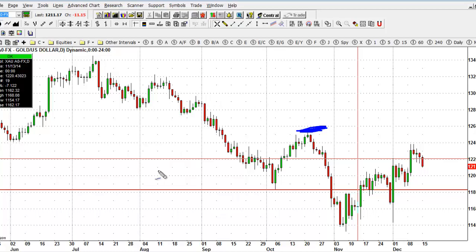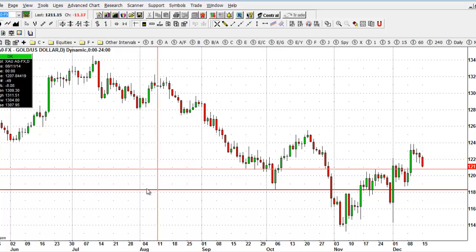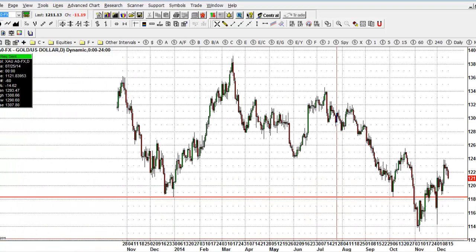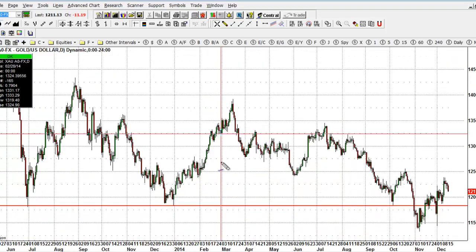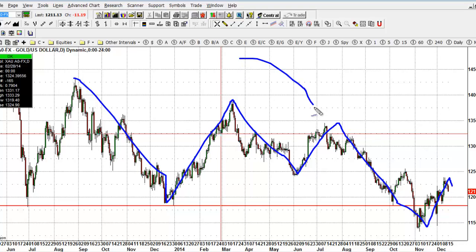But for now, gold is in a bear market environment, and what we need to do is just follow what the market is telling us. We have a series of lower highs and lower lows, so that is what we call a downtrend. So the rule is, in a downtrend, you should be looking to sell the market and not buy the market.